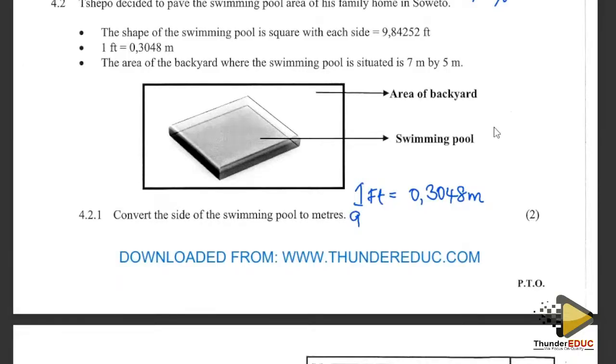So 9.84252 feet, we need it to become meters. I'll call it letter B. So I cross multiply. My B now will be 9.84252 times 0.3048. We are supposed to multiply.